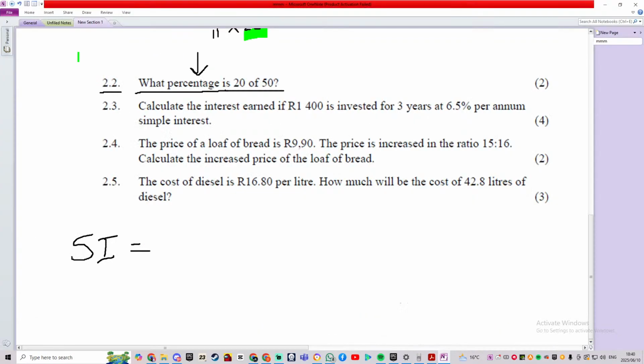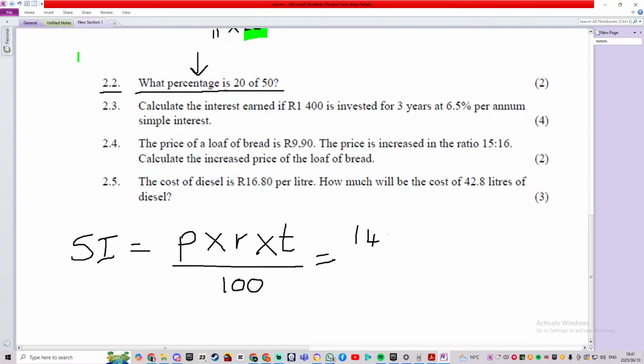So it's P times R times T over 100. So we need to know what P and R and T mean. P is our principal amount, so it is 1,400. And then we multiply that by R. R is the 6.5.